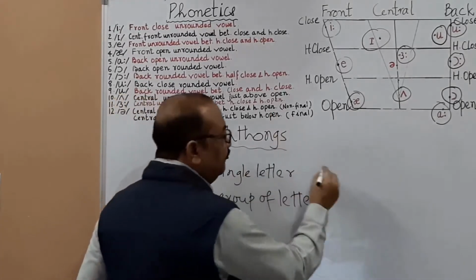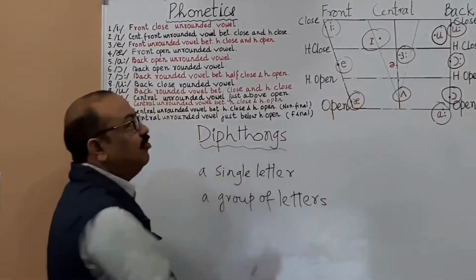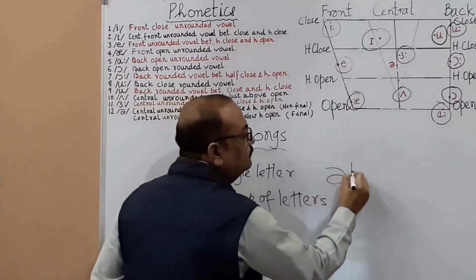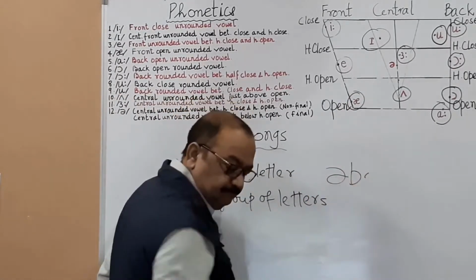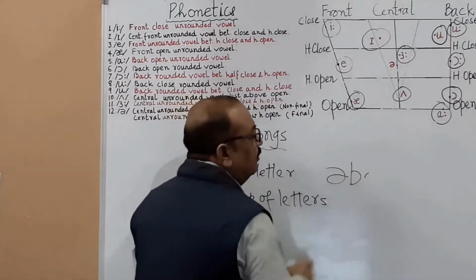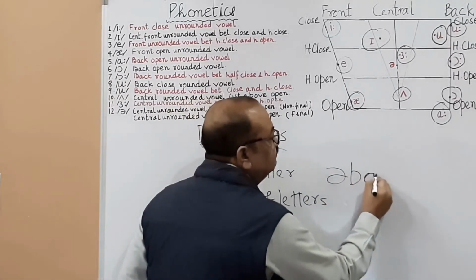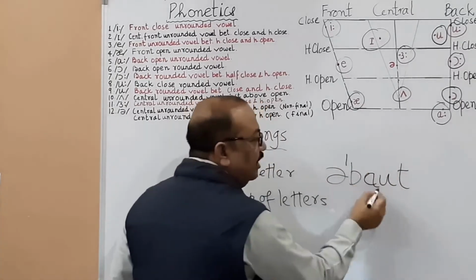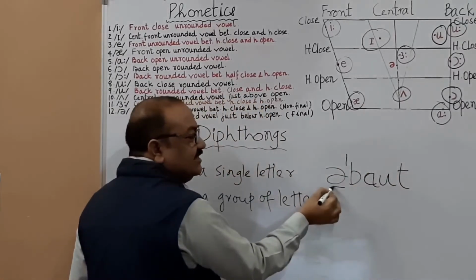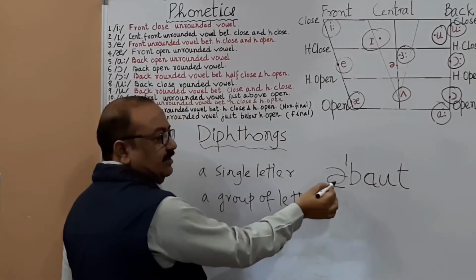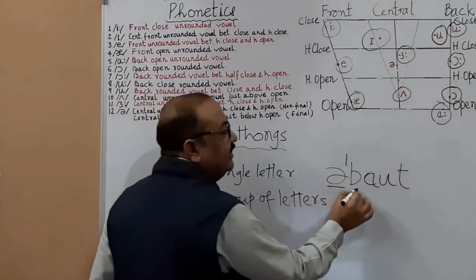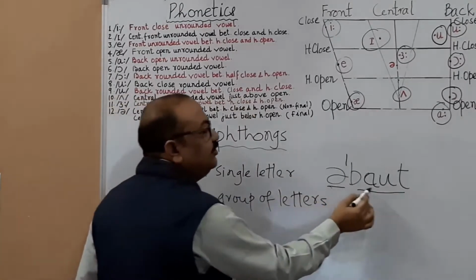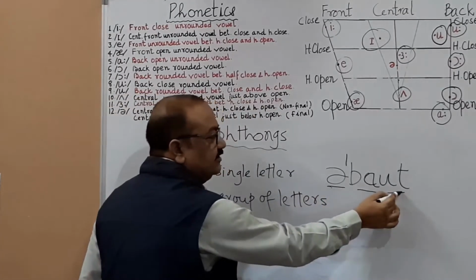For example, if you remember, while we were discussing vowel sounds, I had given you examples of above and about. Okay, let me write about here then. This is about. Here, this is a single syllable, but this syllable is unstressed, and here you have just one letter, a single letter, and here you have a group of letters.